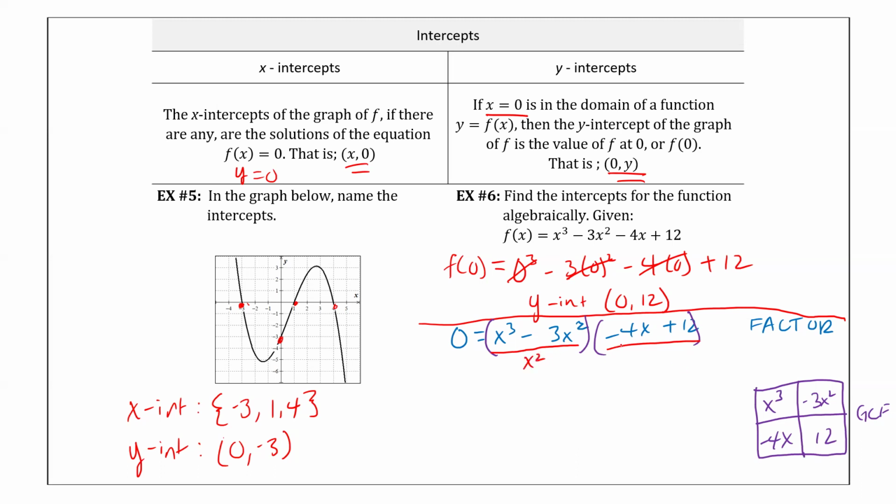What is the GCF between negative 4x and 12? Negative 4. Remember, if your leading is negative, then the GCF is negative. So when I factor that out, I'm left with x squared times x minus 3. Factor out the negative 4, and I'm left with x minus 3.